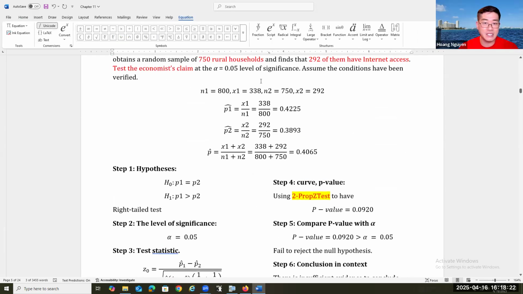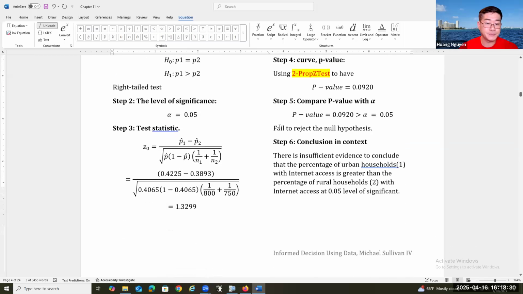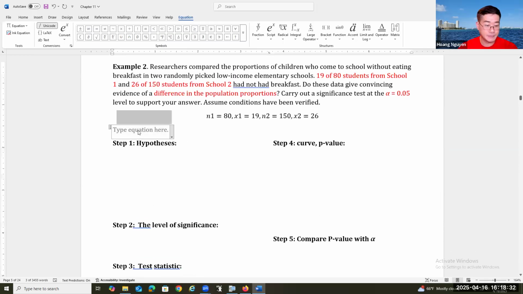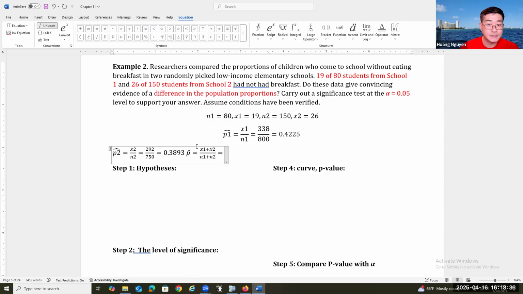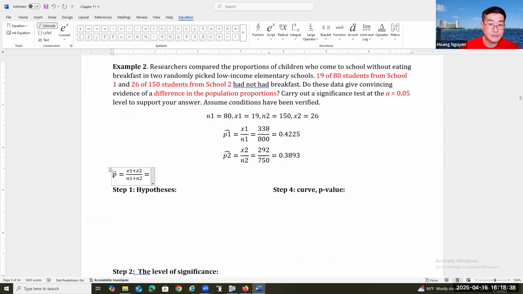So let's do a similar idea to what we did earlier, and then the pooled proportion also.